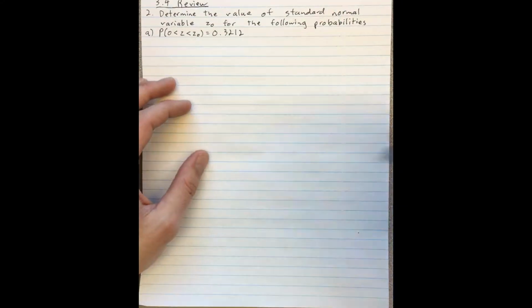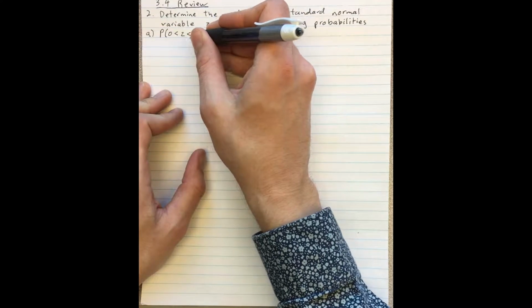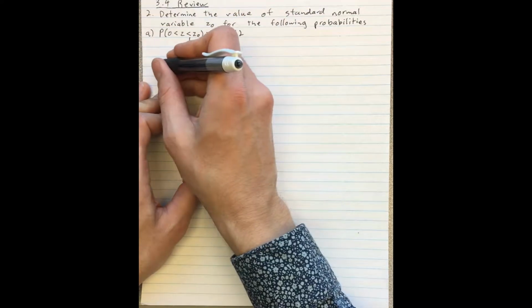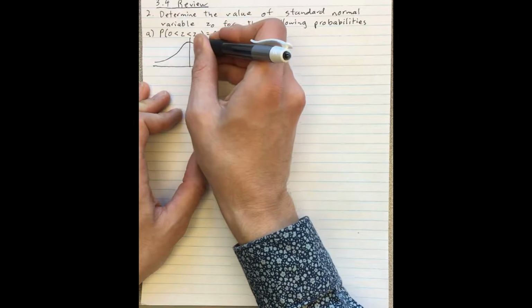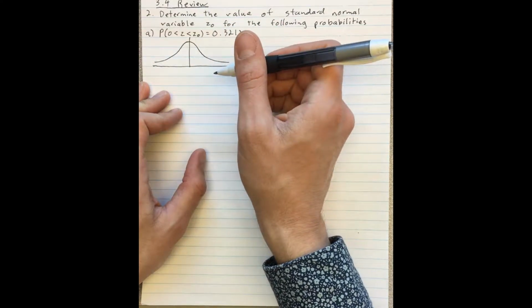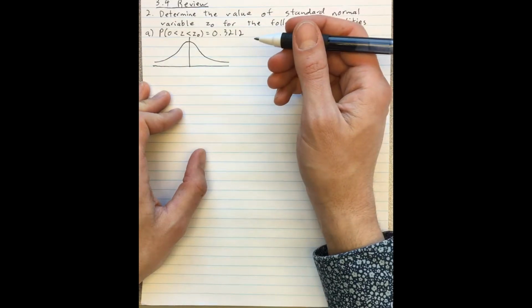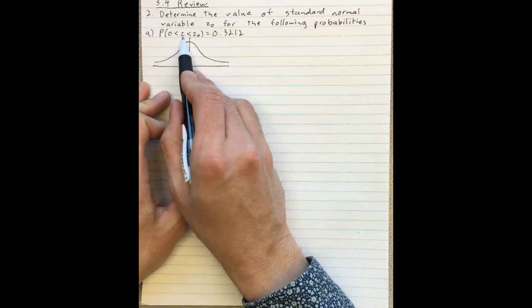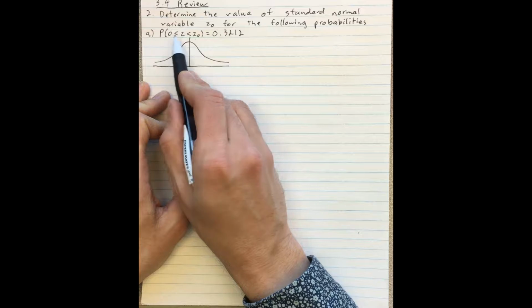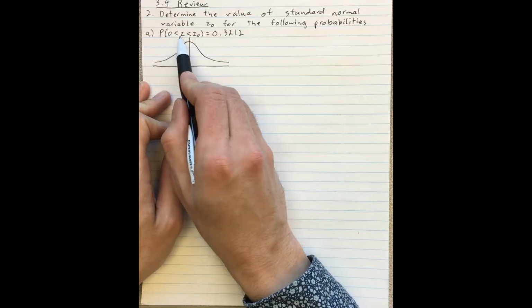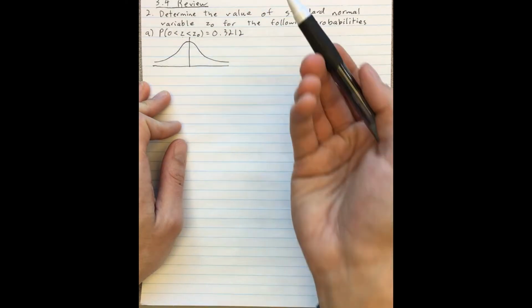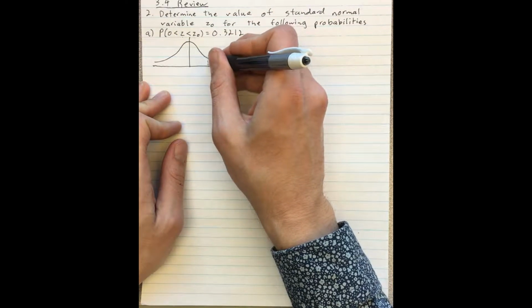Okay, so let me just draw a picture to illustrate this. It's always a smart idea to draw a picture to help you out with these problems. It's always easier when you can see it visually, or at least it helps me. It's saying our variable is bigger than 0 and less than some number. So we know that z naught has to be bigger than 0 too, so z naught's going to live somewhere out here.